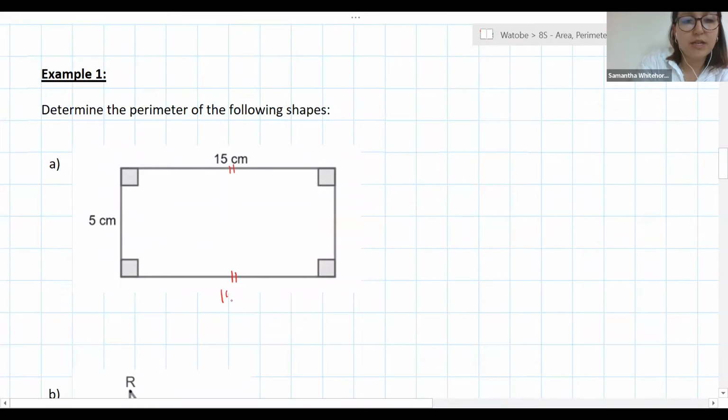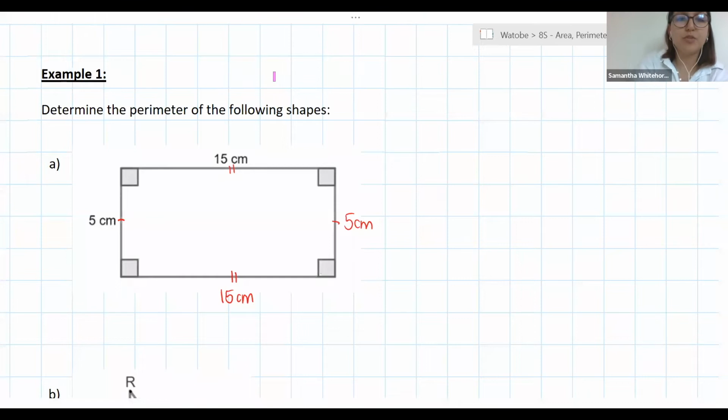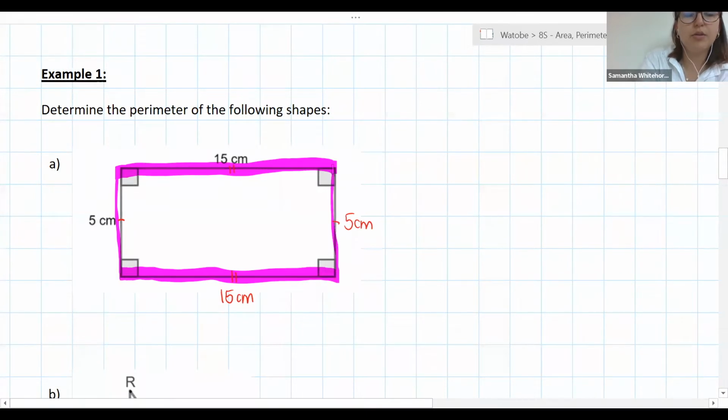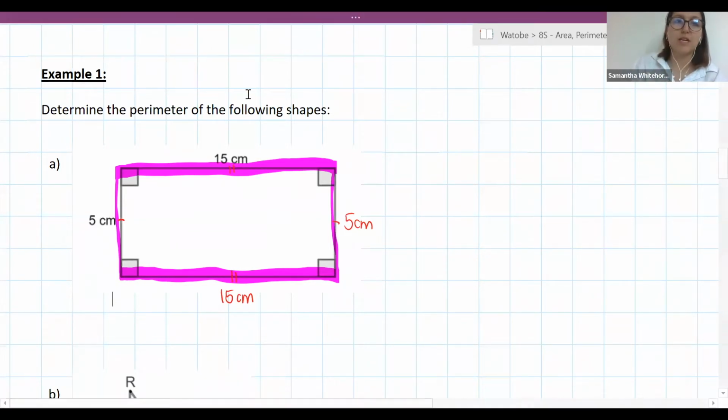And so this side down at the bottom is also 15 centimeters, and this side down on the right is 5 centimeters. Once I know all of the lengths of the outside of my shape, I can now go work out my perimeter. So my perimeter is the length around the outside of the shape that I'm highlighting in purple. And again, I think of it like a garden fence. If I want to fence off this rectangle, what is the length I need?